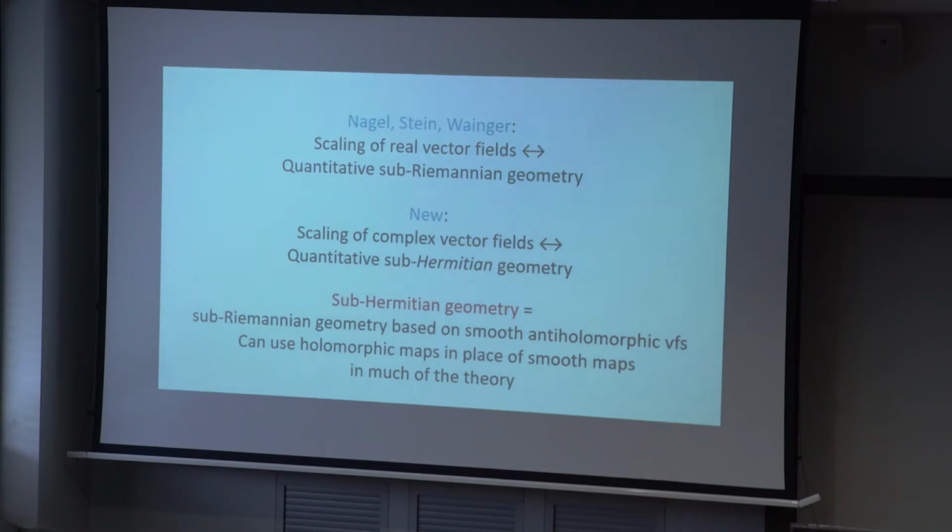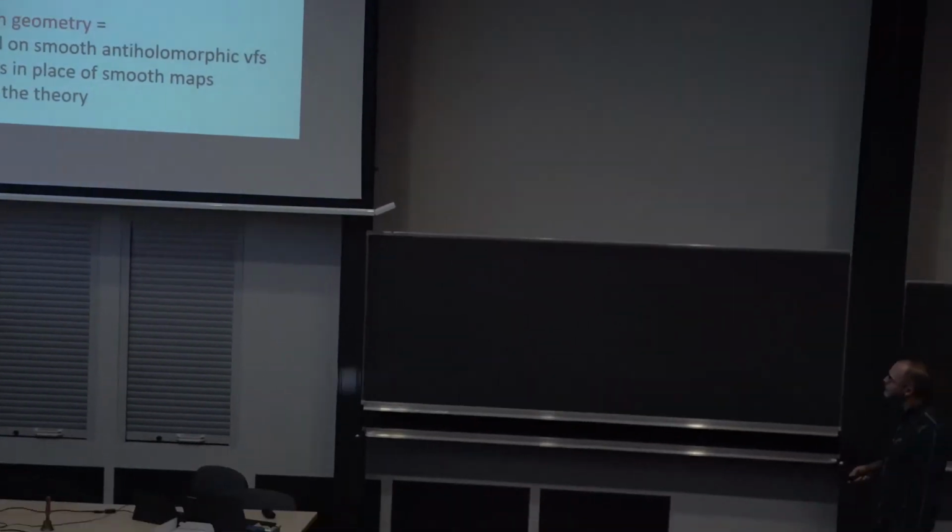But the thing that's so important is now you can do it and you can develop all of or a lot of the theory of sub-Riemannian geometry just using holomorphic maps. Now, if you weren't using holomorphic maps, you wouldn't be on a complex manifold, so you wouldn't be doing anything special. But you can do it all intrinsically on the complex manifold with holomorphic maps. And so hopefully this will be applicable in several complex variables.